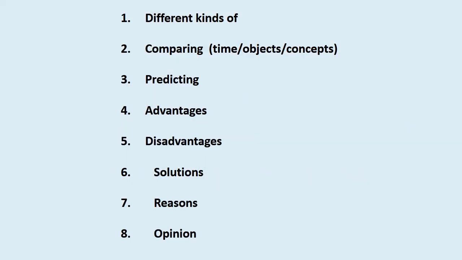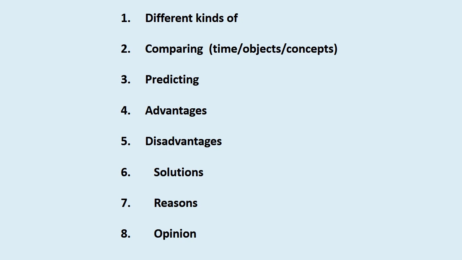To summarize this presentation, there are 8 main types of questions that you should prepare for in Part 3 of the test. They are different kinds of comparing, predicting, advantages, disadvantages, solutions, reasons, and opinions.